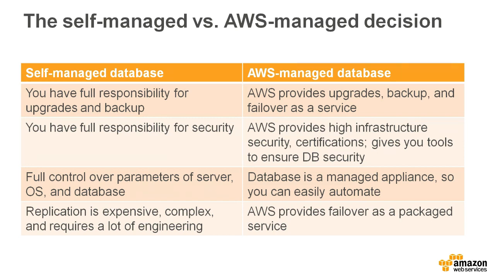You have full control over parameters of servers, OS, and database. Replication is quite expensive, complex, and requires a lot of engineering. You need to know everything. You are supposed to be an expert when you go with a self-managed database. If you are an expert and know everything better than a normal person, you can go with a self-managed database.